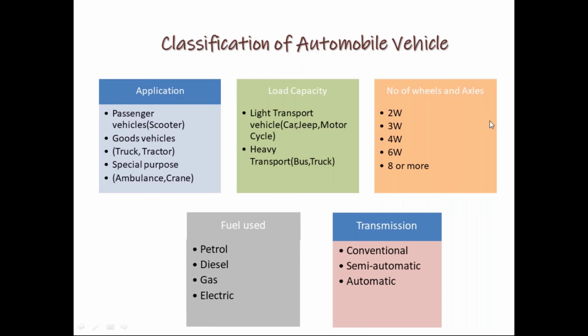A short 2 or 4 marks objective question may be asked in the examination on classification: based on application, load carrying capacity, number of wheels, fuels used, and transmission system.